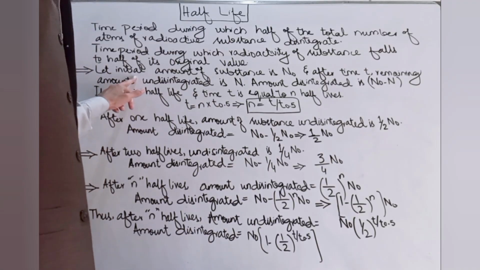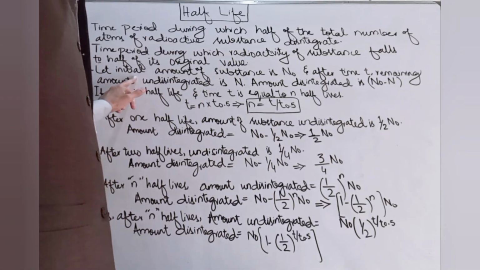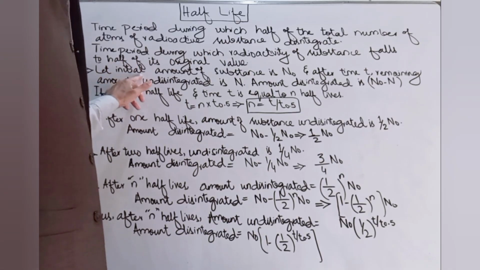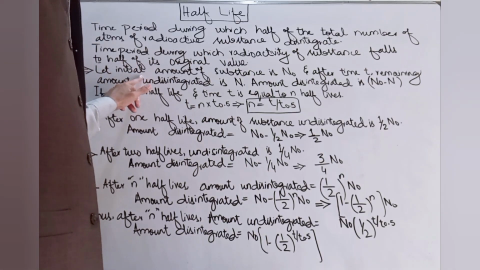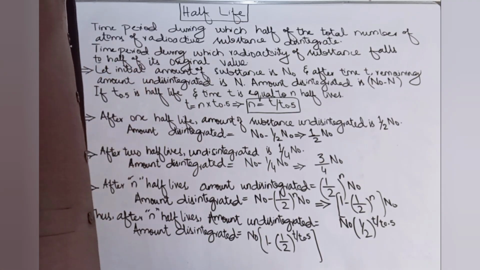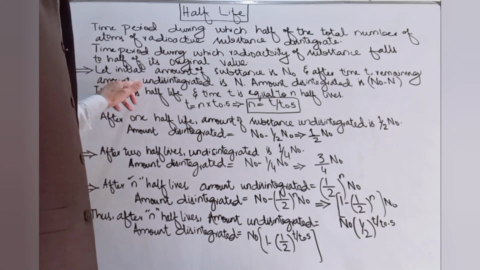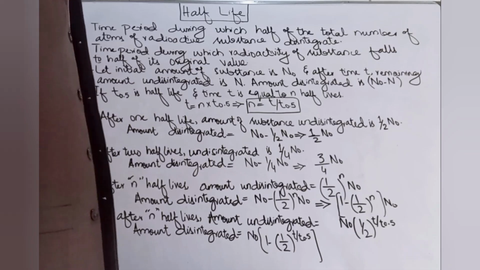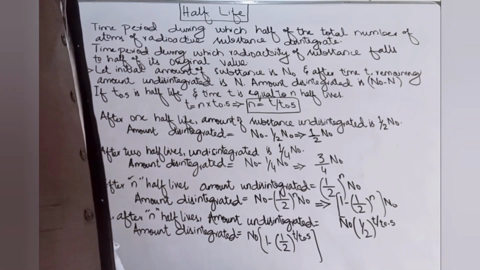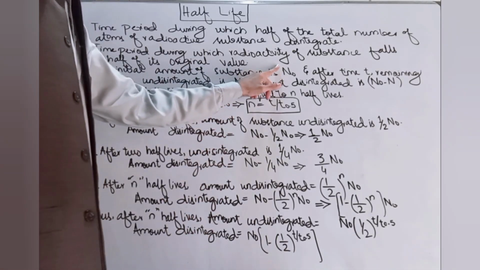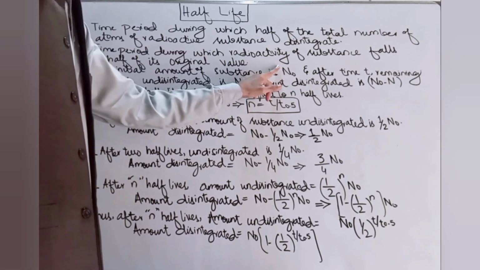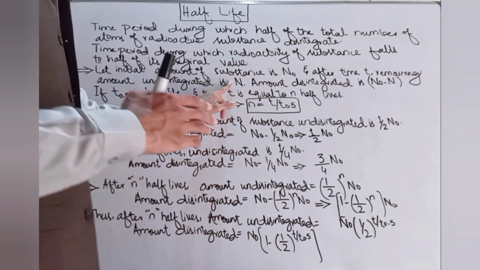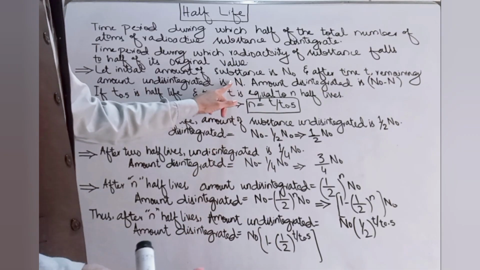Now we are going to derive the expressions for the half-life of the radioactive material. Let the initial amount of the substance be N0, and after time t, the remaining undisintegrated amount is N. So the amount disintegrated is N0 minus N, because N0 is the initial number of radioactive atoms, and N is the number of atoms left after the time t.